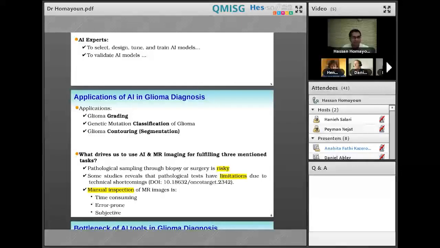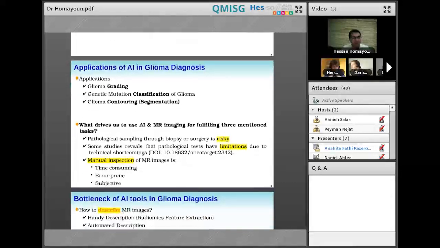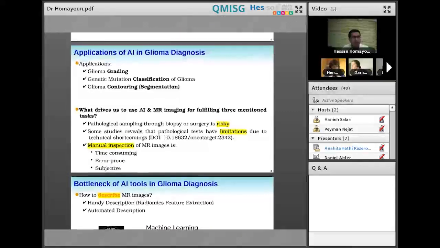The first reason is that biopsy as a gold standard is risky. The second reason is that biopsy itself has some limitations. And the third reason is that manual inspection of MR images is time-consuming, error-prone, and subjective. This is a place where AI can participate and perform the inspection automatically.